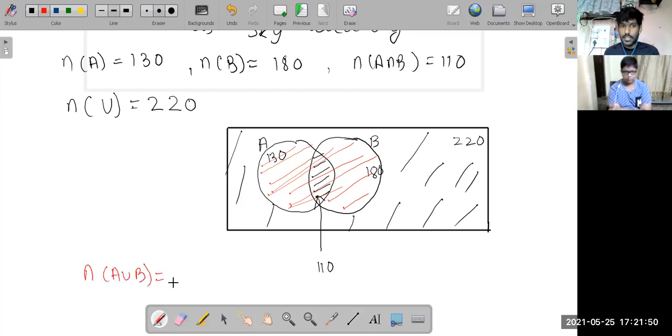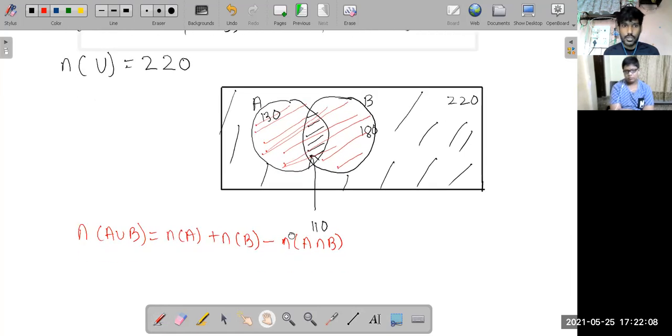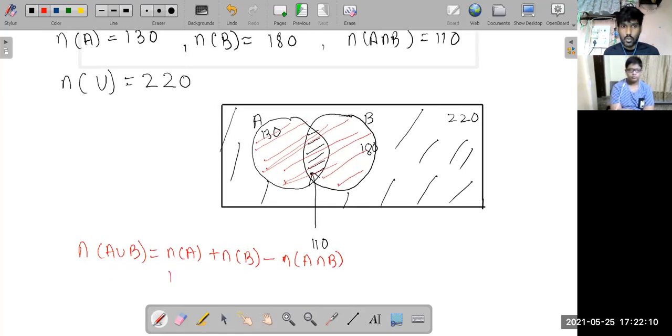Okay. So first find out N of A union B. Can you tell me the formula? N of A plus N of B minus N of A intersection B. So we just have to substitute. This is 130 plus 180 minus 110.